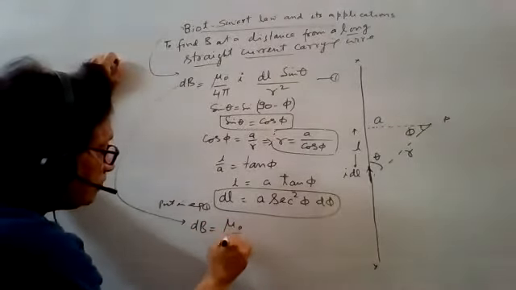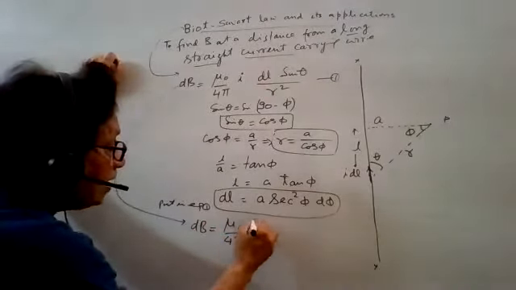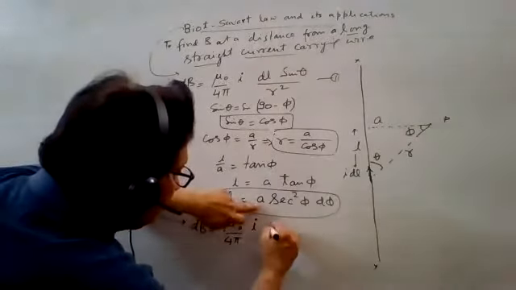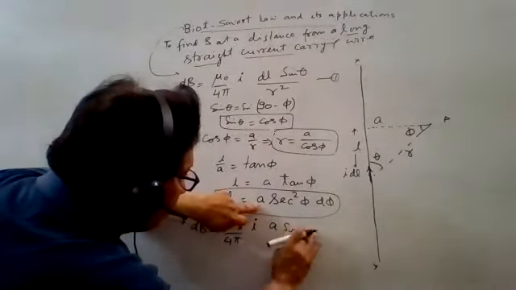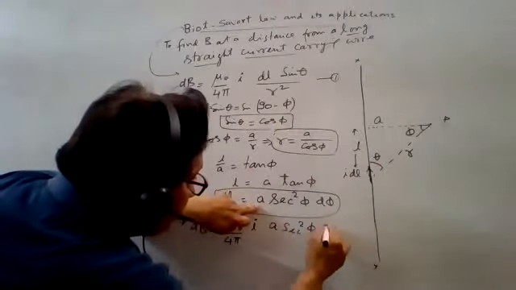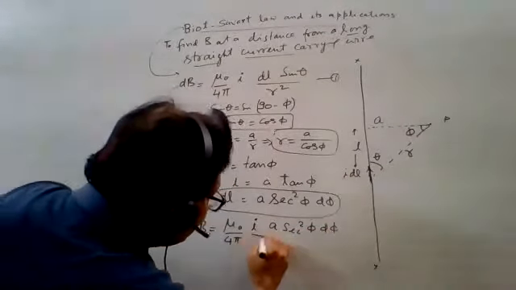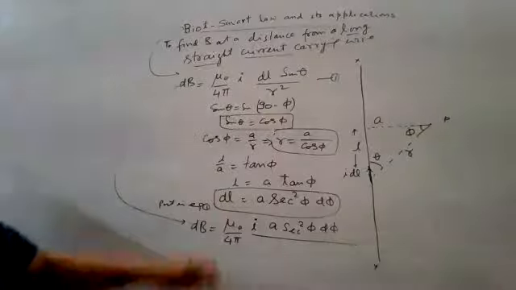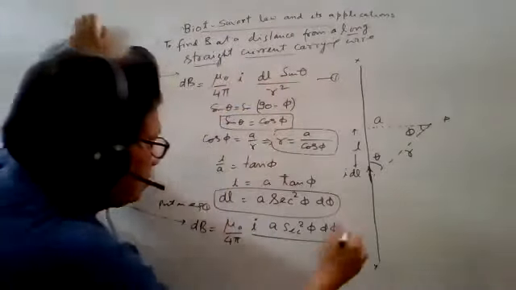Mu naught upon 4 pi I, and dl will be A sec square phi d phi, and sin theta is cos phi.